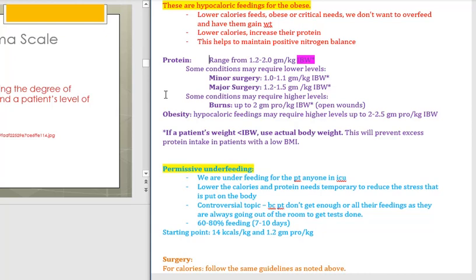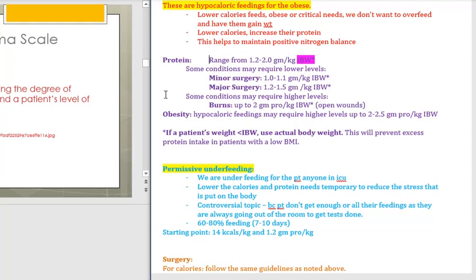If you calculate it on ideal body weight and they actually weigh less, there's a tendency to overestimate protein needs. So for protein, we use ideal body weight, but if they weigh less than ideal body weight, we have to use actual. I know that just throws it off, right?